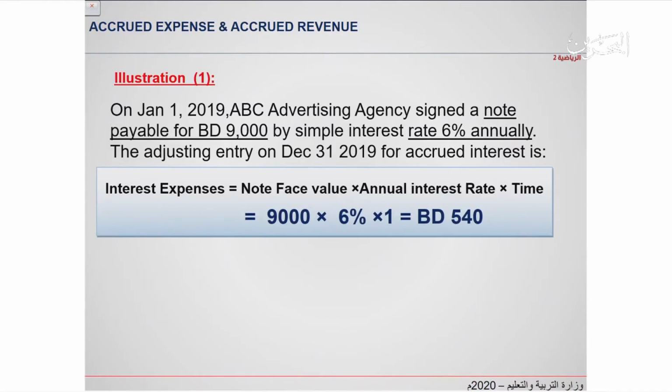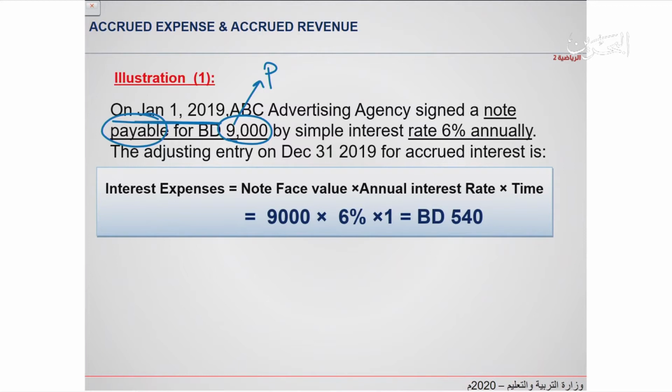Example 1. On January 1, ABC Advertising Agency signed a note payable. There is a note payable for 9,000 BD by simple interest, which we mentioned in subject finance 111.